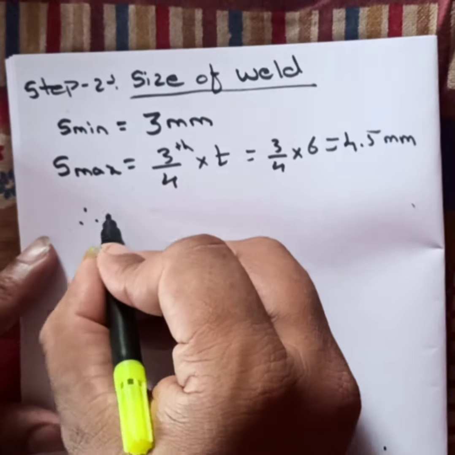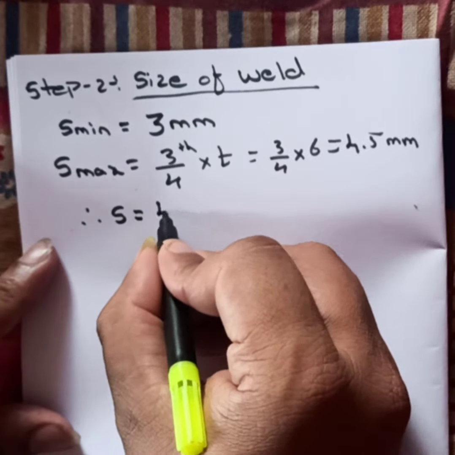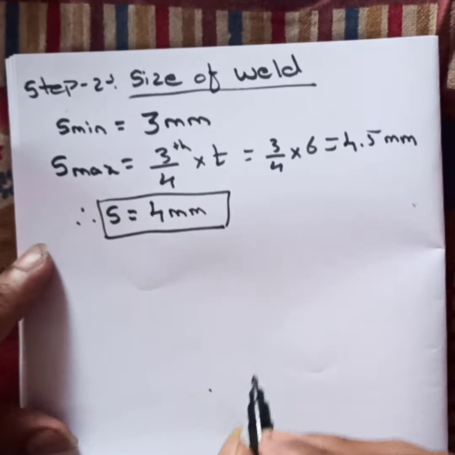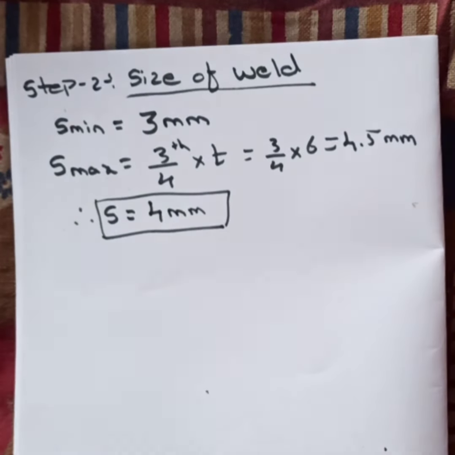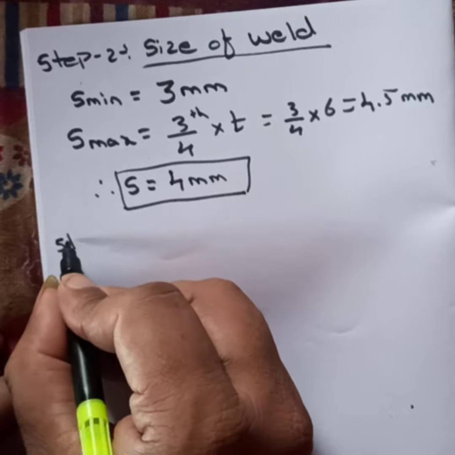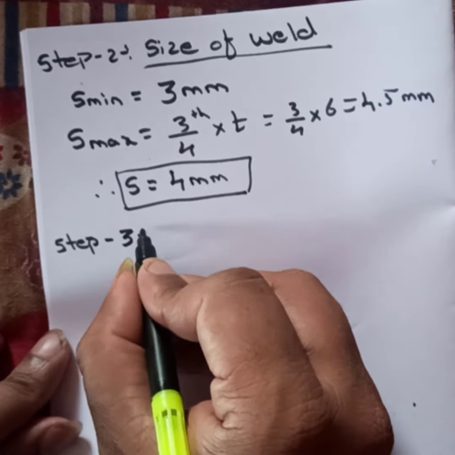So let us adopt the size of the weld as 4 mm. Let me adopt this size. Okay, so now the size is over. So next, step 3, we need to find the length of the weld.